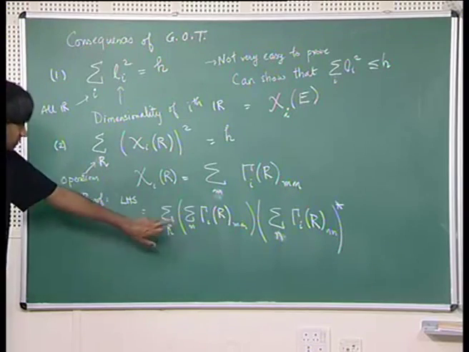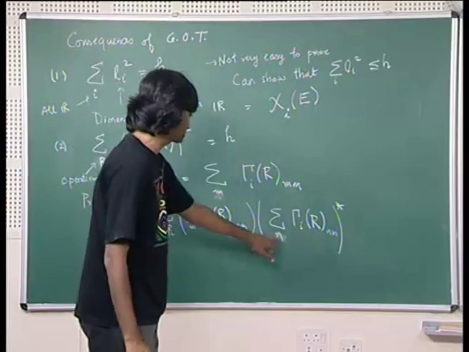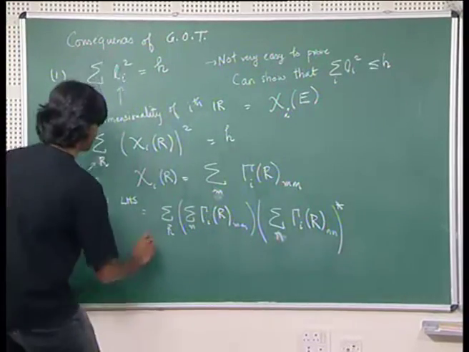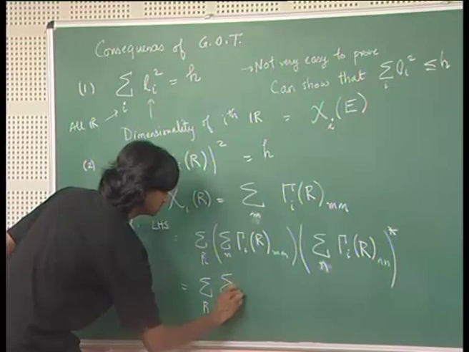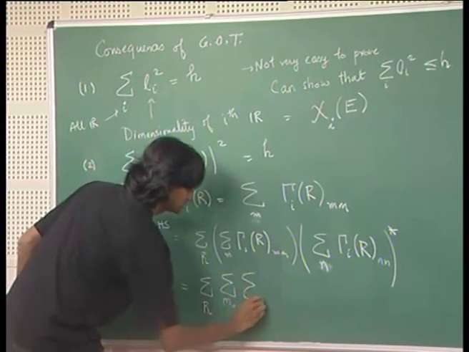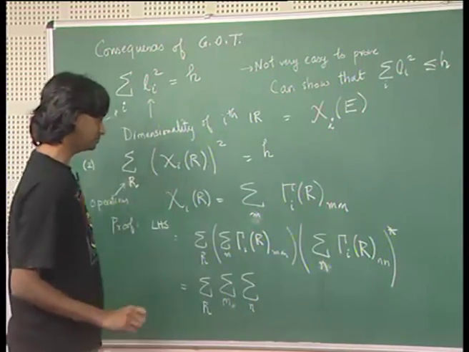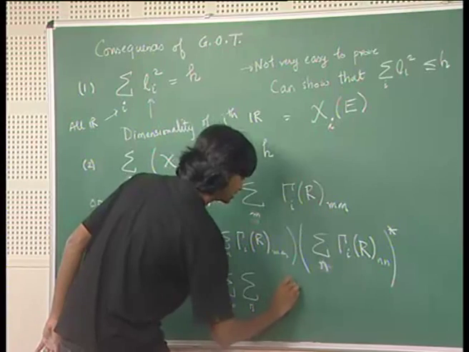If you change the order, you have the sum over R, the sum over m, and the sum over n. I take the sum over n outside.